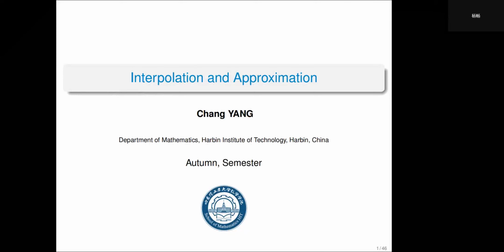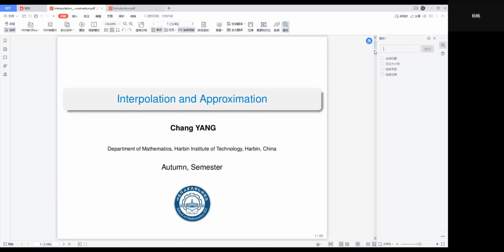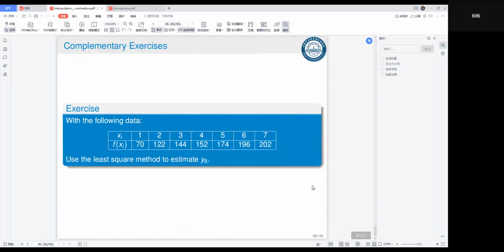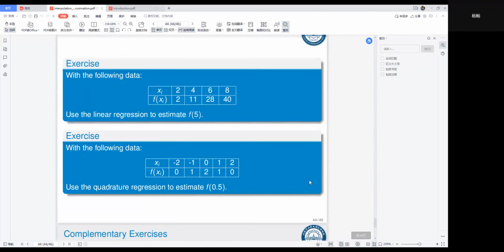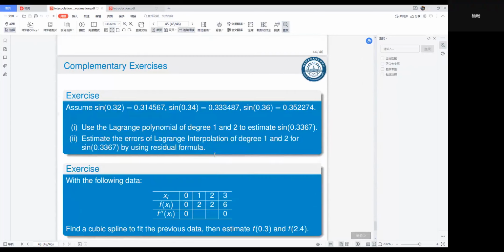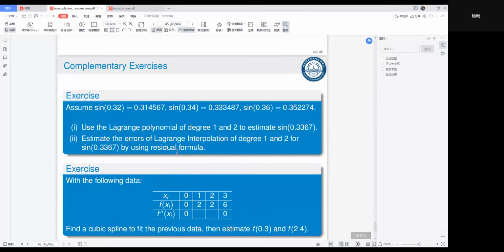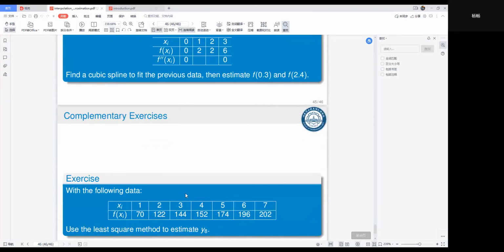For the deadline to submit your homework, I don't know, maybe after 3 weeks. For this chapter, interpolation and approximation, you will find that at the end you also have 3 exercises.